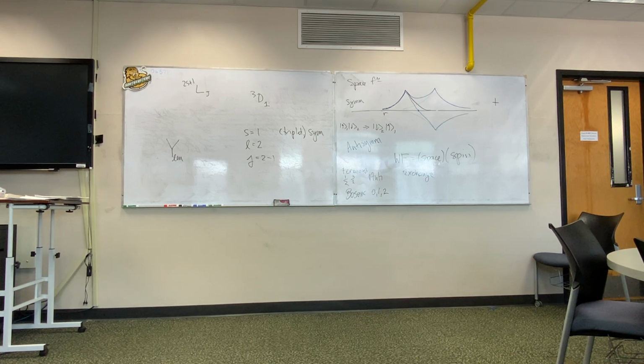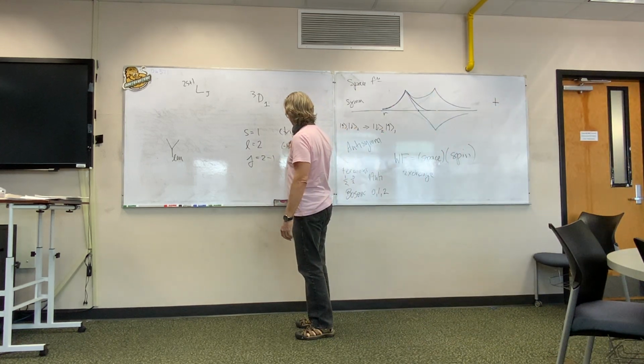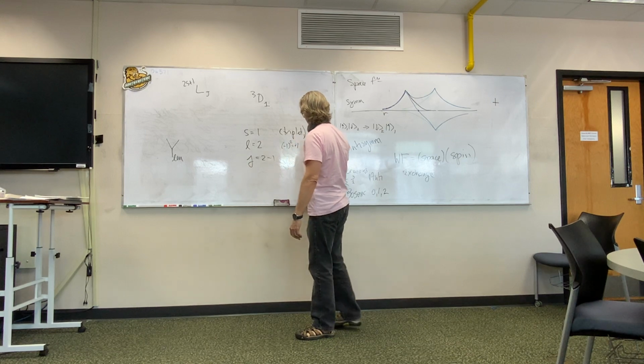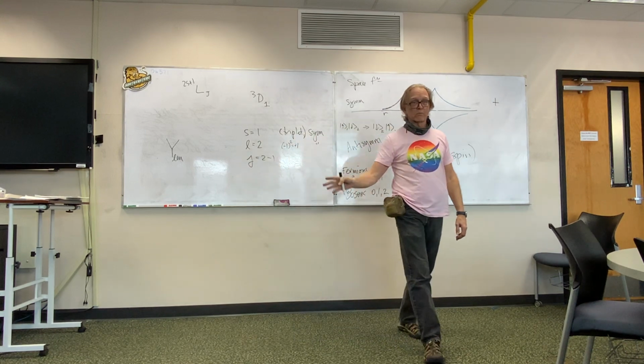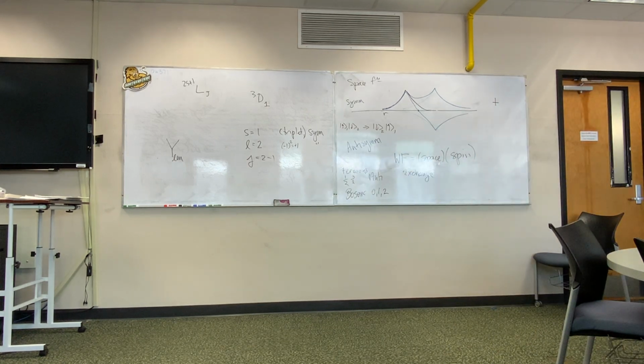Even is symmetric, odd is antisymmetric. So for L equal 2, (-1) squared is +1, so that's also symmetric. For two particles, parity is the same as exchange.